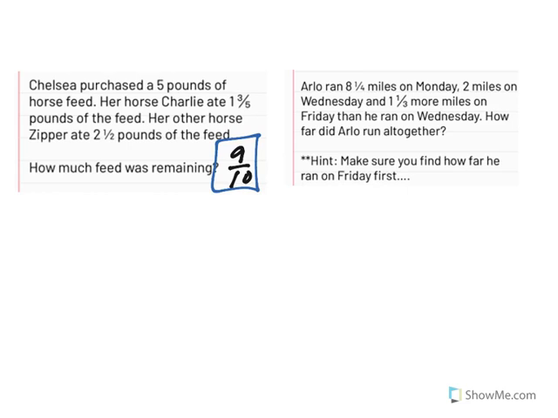It says Arlo ran 8 1/4 miles on Monday. Okay, so I'm going to write that information down. Monday, ran 8 1/4 miles. Then it says he ran 2 miles on Wednesday. Okay, so I need to write that down. Wednesday, ran 2 miles.